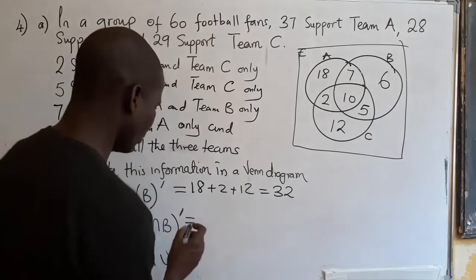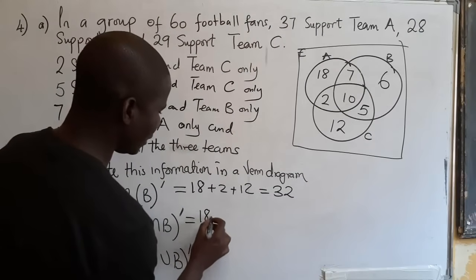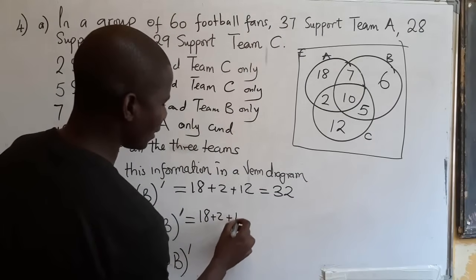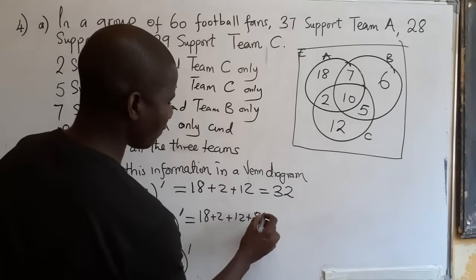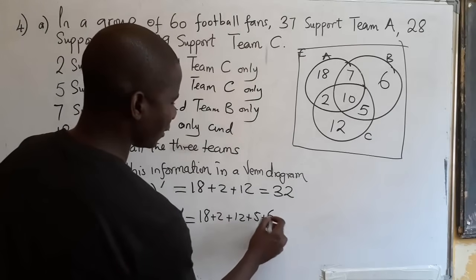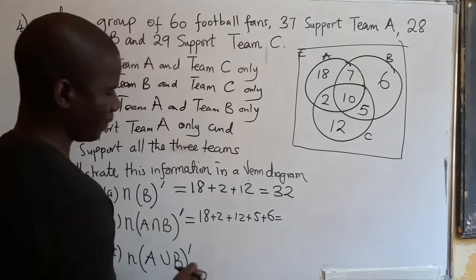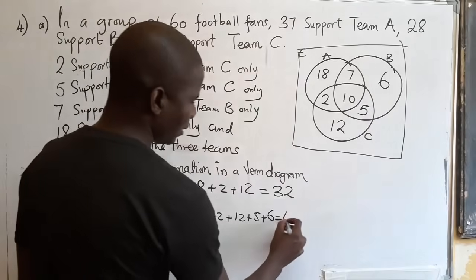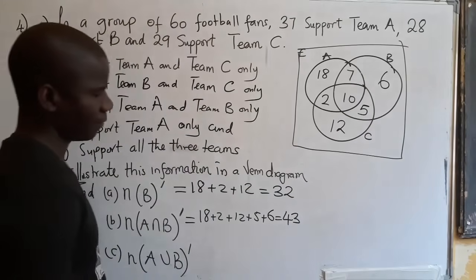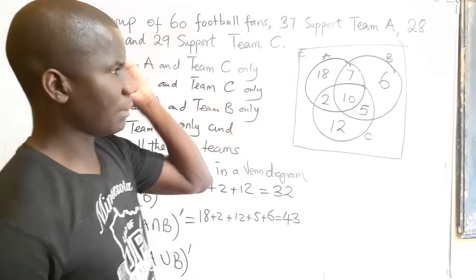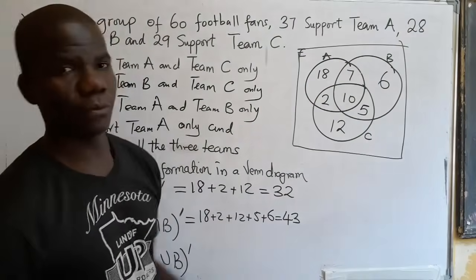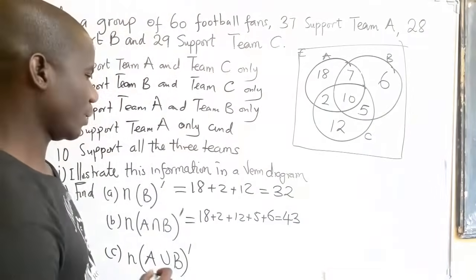So we're going to look at 18 plus 2 plus 12 plus 5 plus 6. When we add this, we'll get 43. Or you can subtract these 2 from 60, because we don't want those.